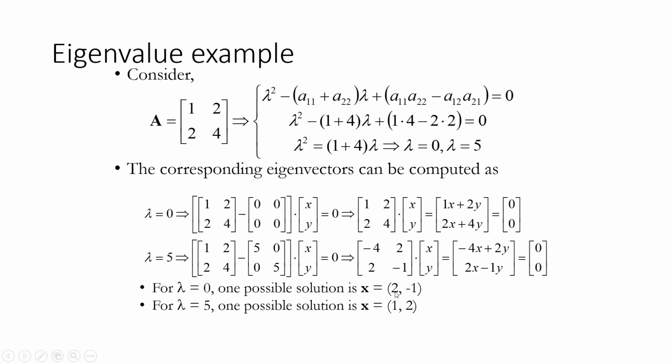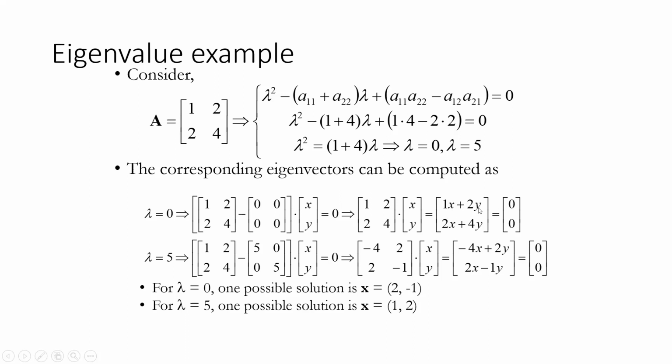With the help of the equation, we can say that 1 into 2 plus 2 into minus 1 is 0.